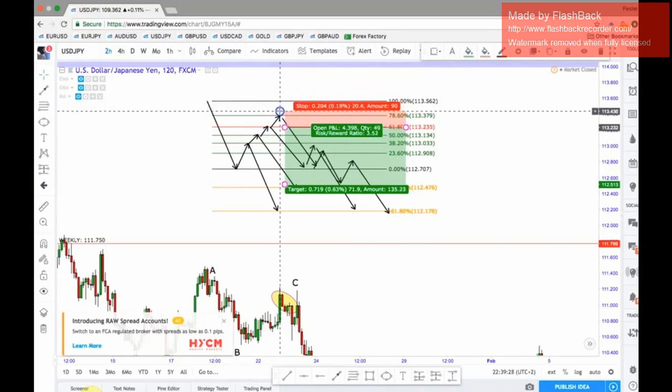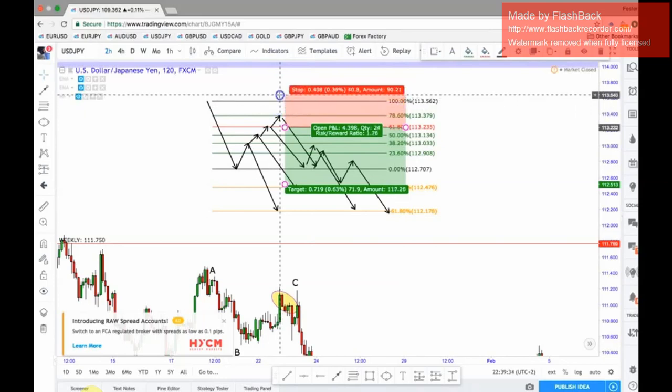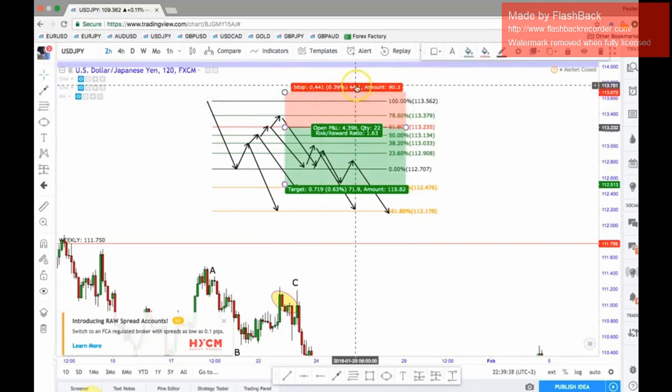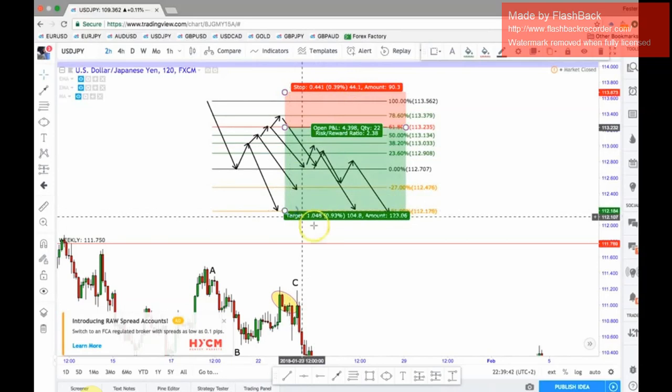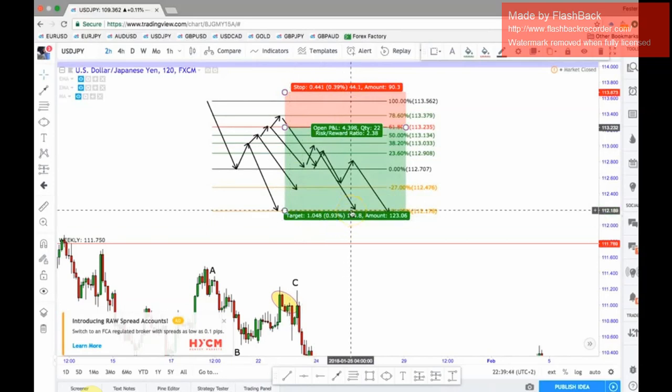So where should your stop loss be? 30 pips above that price, which would be 113.679. So your stop loss would be up here, right? Now your stop loss count is 44, and your take profit count is 104. So you've got a 1-to-2, almost 1-to-3 ratio trade.